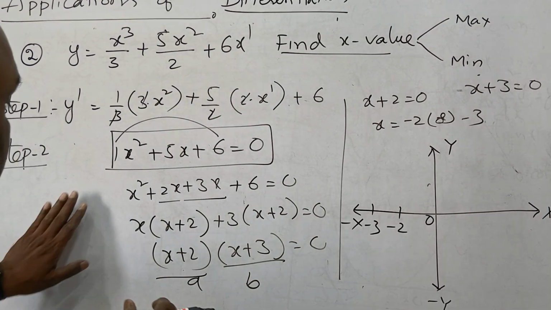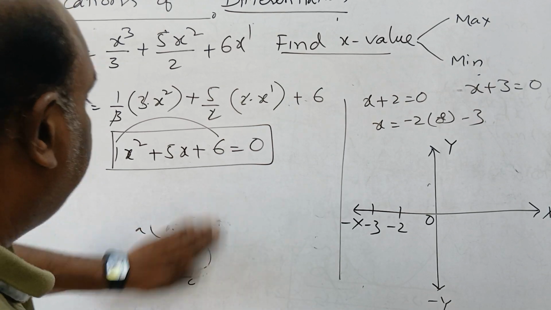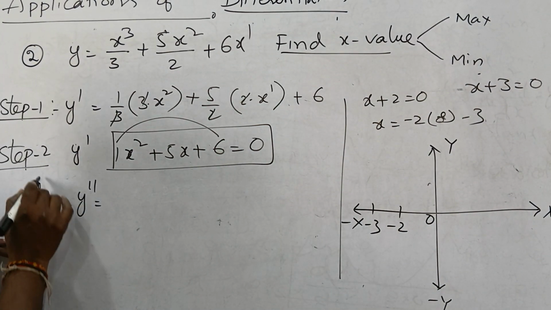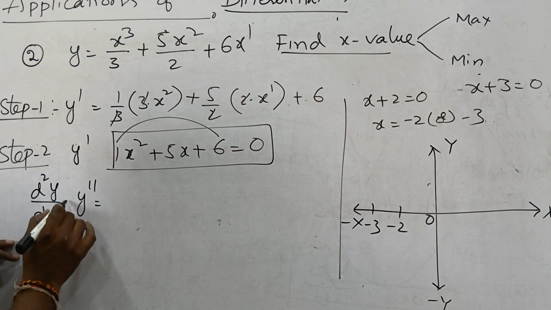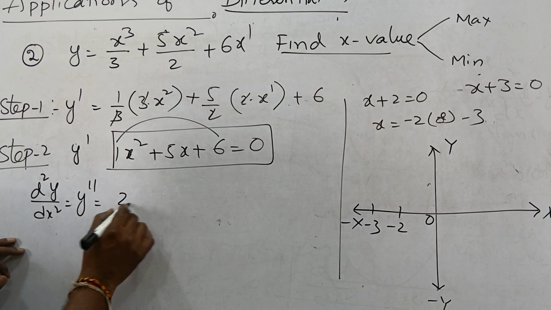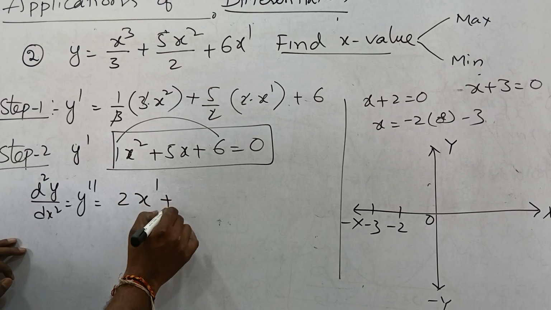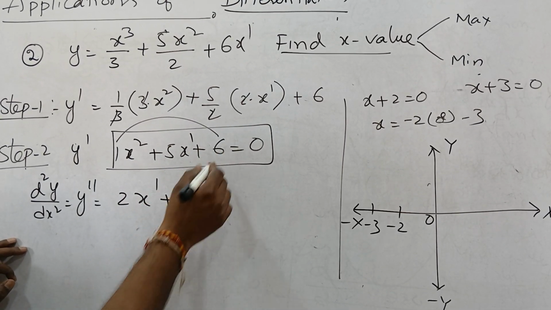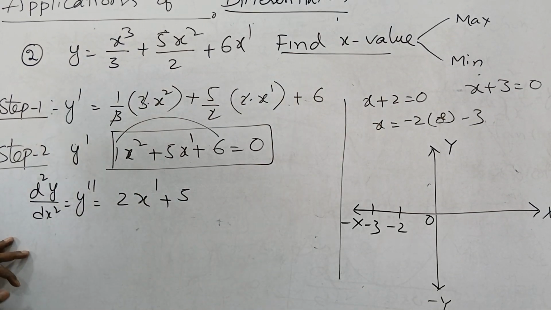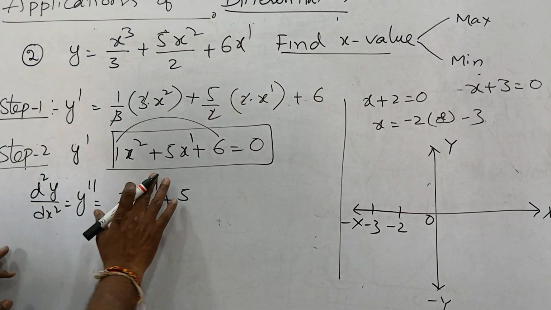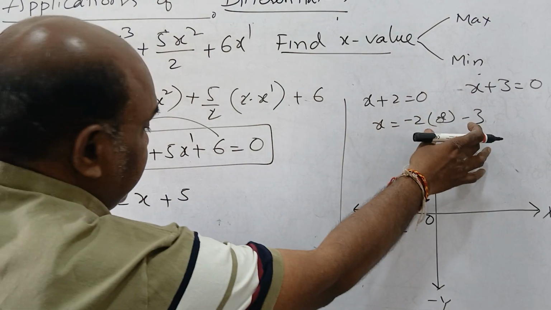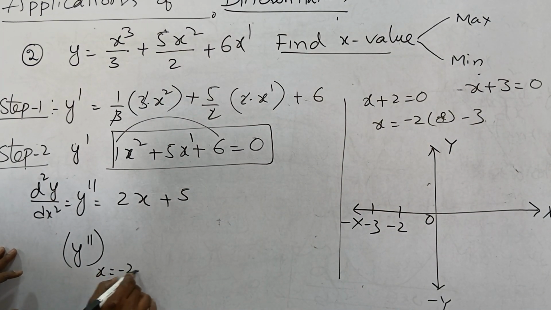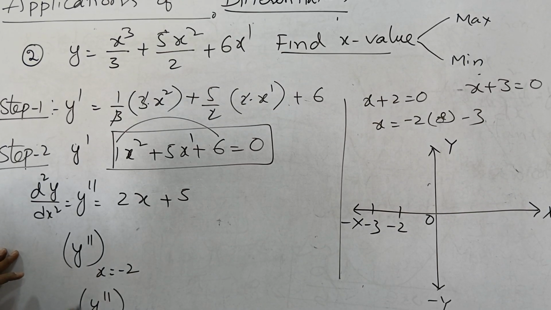Again differentiate this y dash, that is y double dash, d square y by dx square. It is in the form of n into x power n minus 1: 2x plus 5 into x power 1 minus 1, which is x power 0, and the constant gives 0. So we got 2x plus 5. Now we substitute these values: y double dash at x equal to minus 2 and at x equal to minus 3.